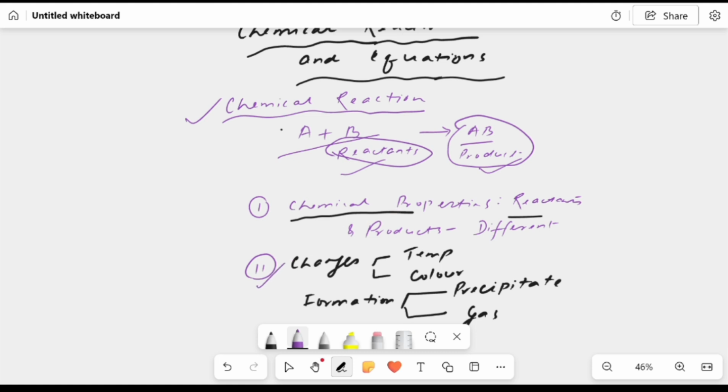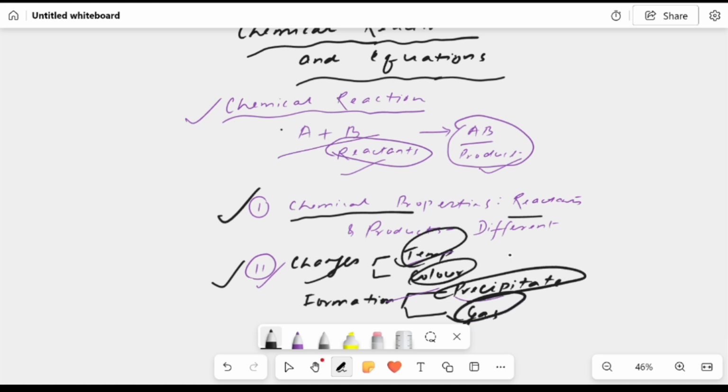Second, there are certain changes in terms of temperature, color, and certain things are formed, a precipitate or gas. But if any of these things happen, either there is a change in temperature, color, or there is formation of a precipitate or gas, it means a chemical reaction has taken place.